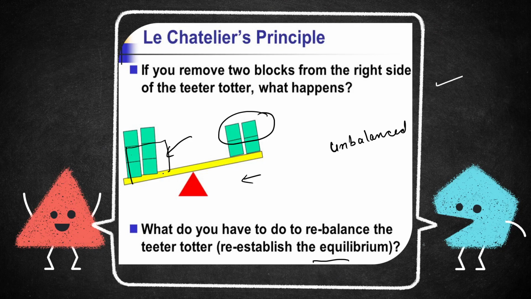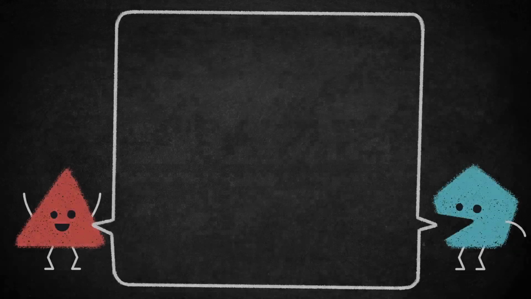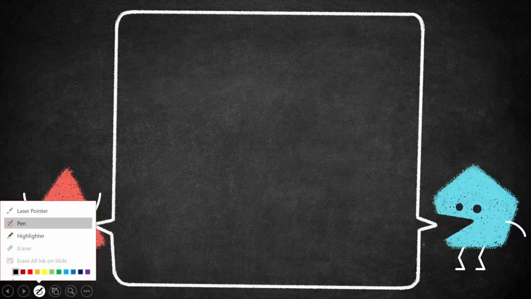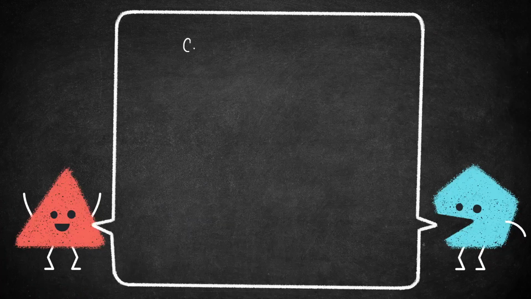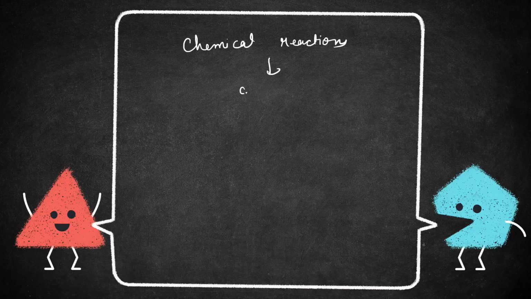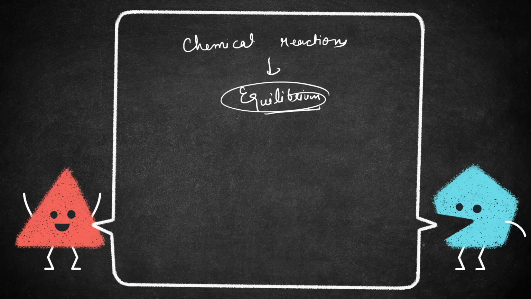If there are 4 blocks here, there should also be 4 blocks there so that there is equilibrium. The same is true with chemical reactions. Chemical reactions are sometimes in the state of equilibrium, and they always try to maintain this balance or equilibrium.